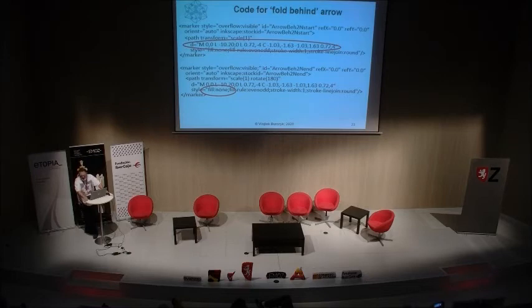Actually, I found an existing arrow and modified only the definition of the path, this parameter D. And also the fill style to none, to have it empty, not filled. What does this D mean?